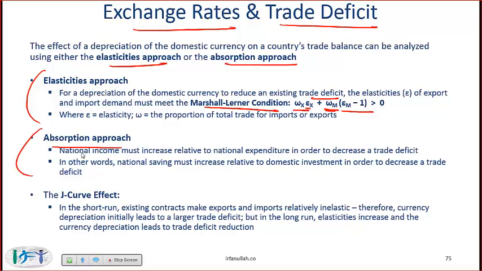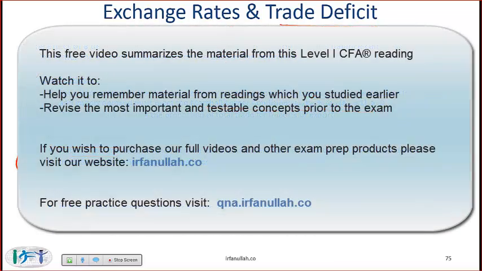According to the absorption approach, the national income must increase relative to national expenditure in order to decrease the trade deficit. In other words, national savings must increase relative to domestic investment in order to decrease a trade deficit. And the final point is the J-curve effect. In the short run, existing contracts make exports and imports relatively inelastic, and this connects with elasticity, where often elasticity tends to be less.